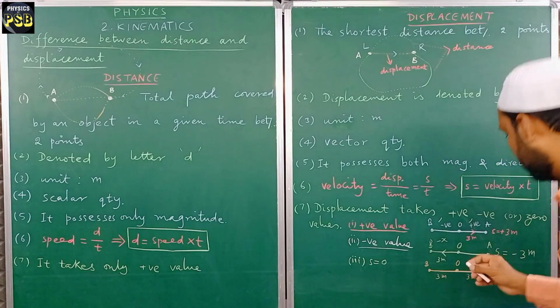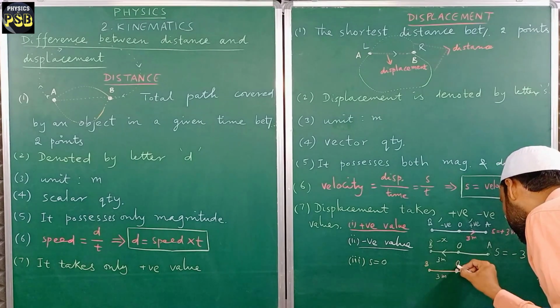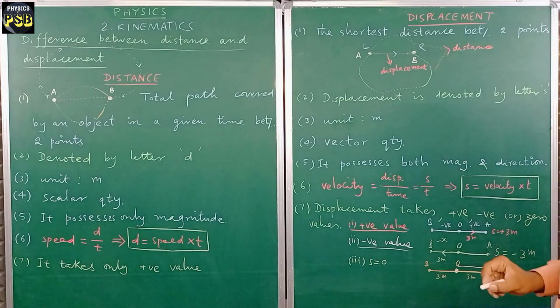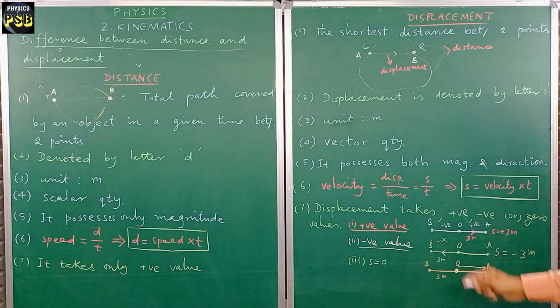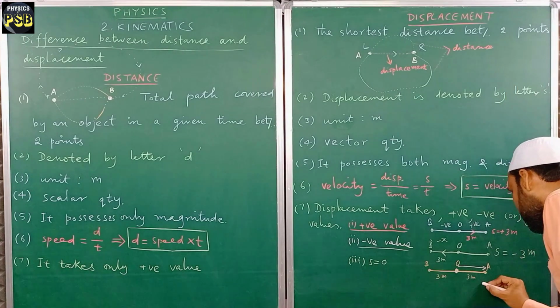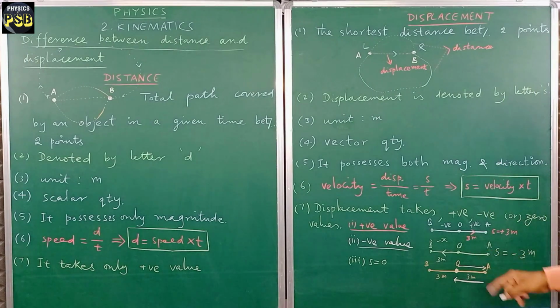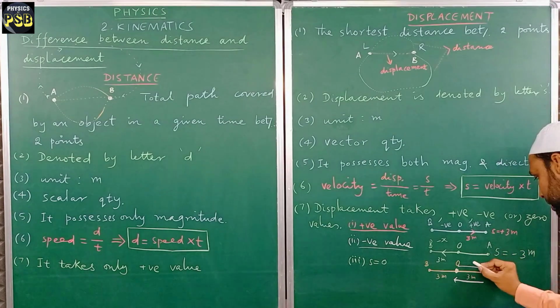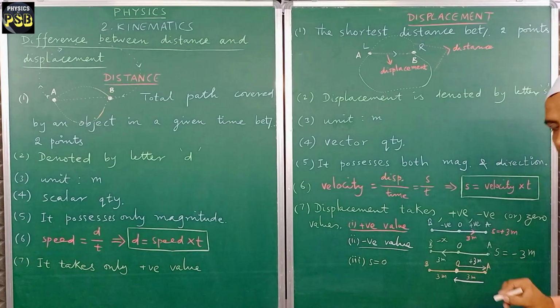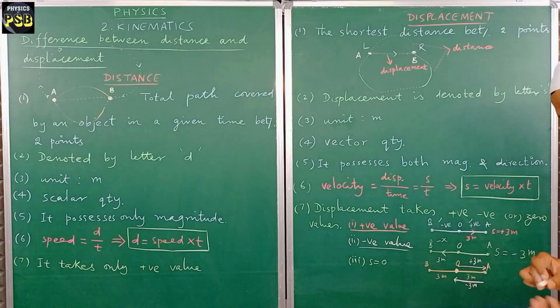An object is present at a point O. It moves from here towards A from O. Then after reaching A, it returns back to its origin, to its initial point. Now, the distance covered by the object while moving towards A is plus 3 meter. Now, the distance covered while moving towards O from A is minus 3 meter.